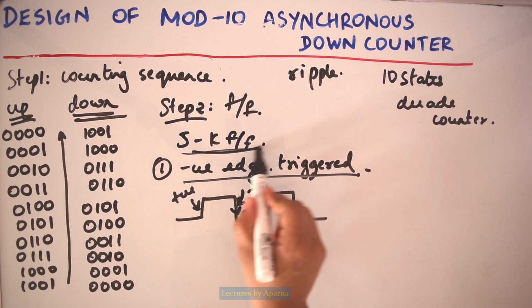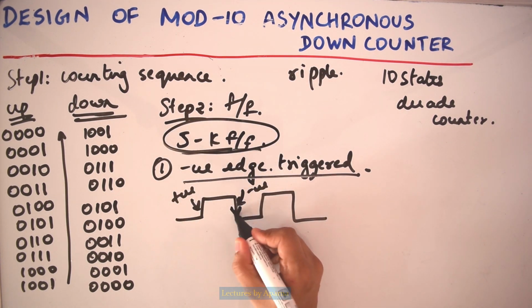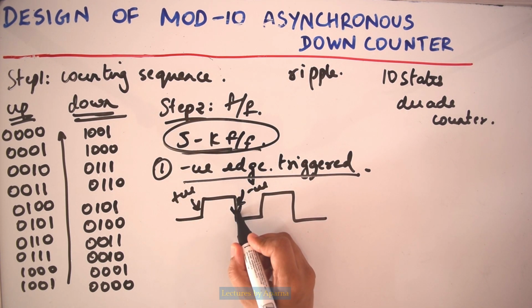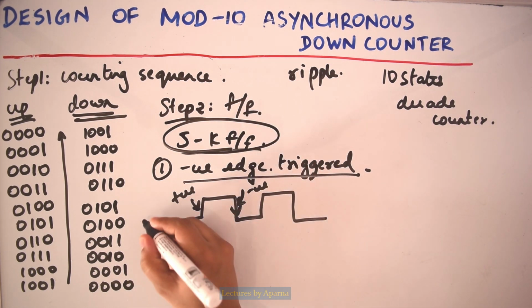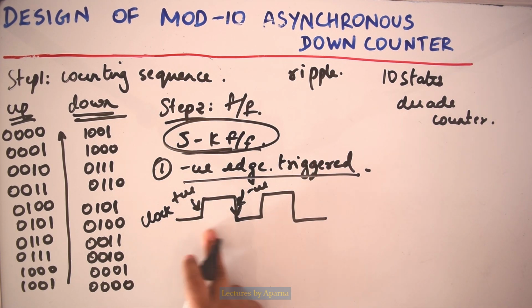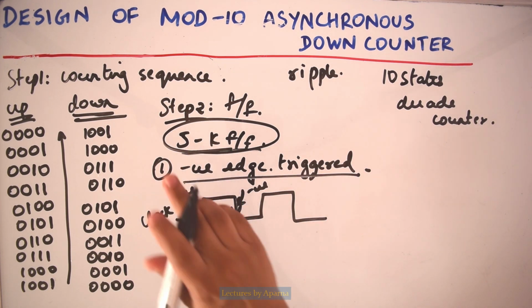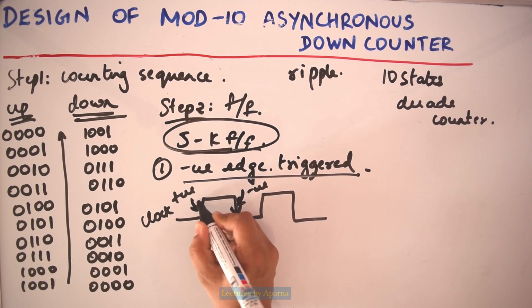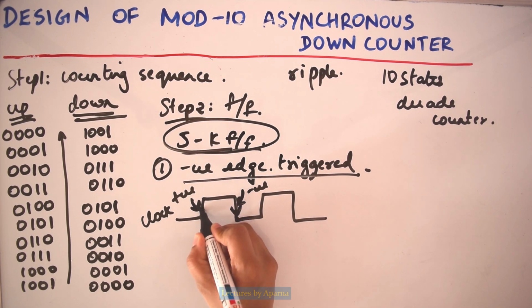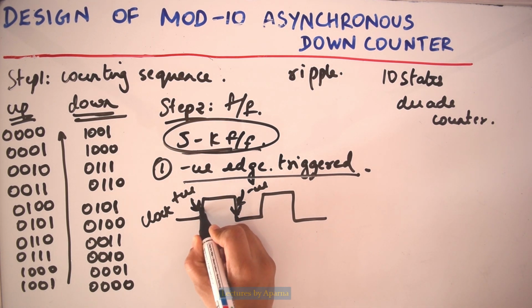That is, this JK flip-flop will be sensitive to the negative edge of this clock pulse. And if it is a positive edge triggered flip-flop, then this JK flip-flop will change its state when the positive edge of the clock pulse comes.